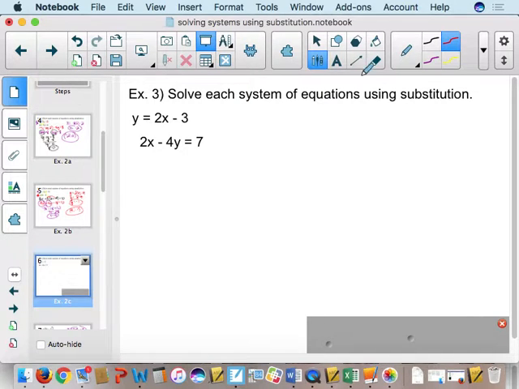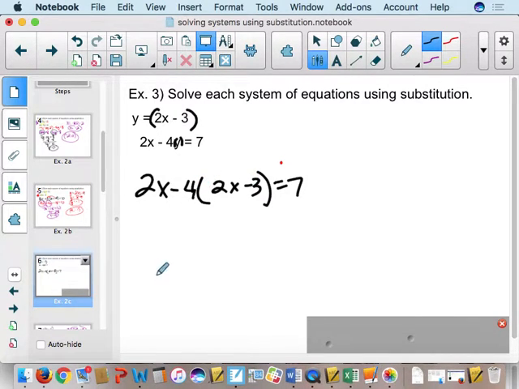So step 1, we have a variable by itself, and that is y equals 2x minus 3. We're going to take that and plug it in for the y. Okay? So 2x minus 4 times the 2x minus 3 that we're plugging in, and that all equals 7.